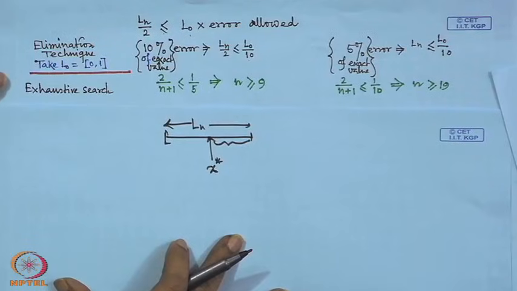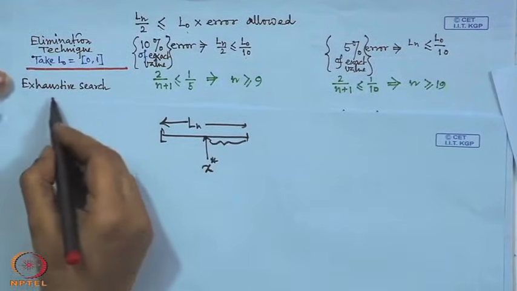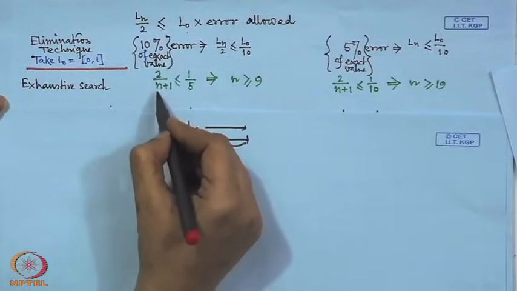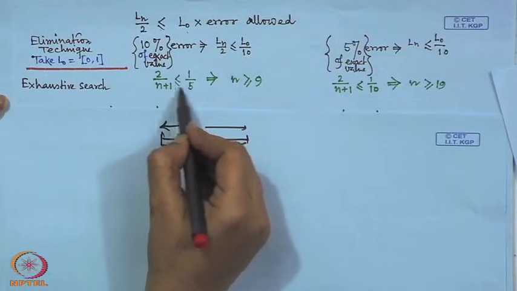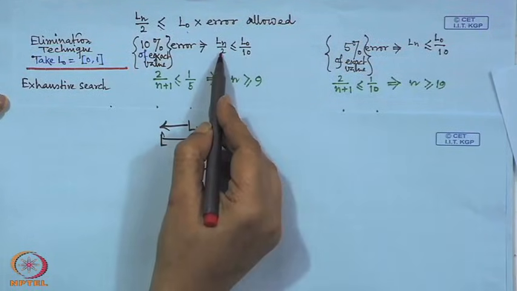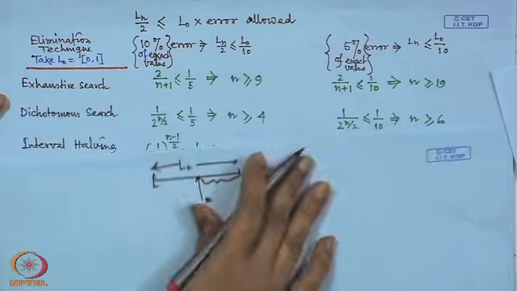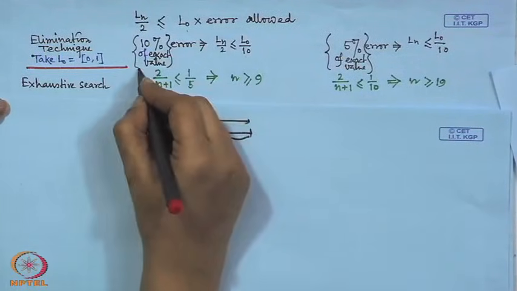If we calculate for all the searching techniques one by one. For exhaustive search, as we know, the reduction ratio Ln by L0 is equal to 2 by n plus 1. That is why 2 by n plus 1 must be less than or equal to 1 by 5, because 2 will come here and it will be 1 by 5. And from here we can calculate the value of n greater than or equal to 9.